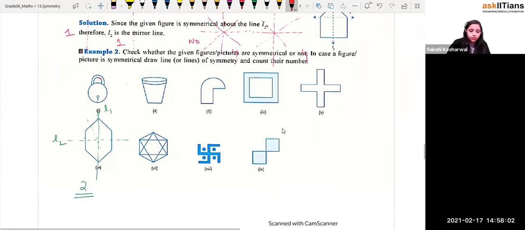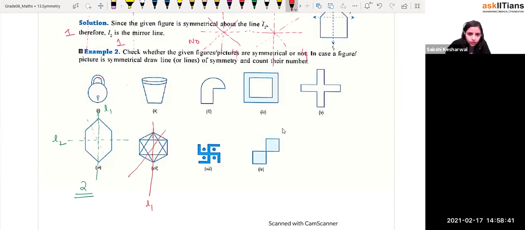Okay, now let's come to this. It says that from here to here, that's 1. This is L1. Okay, and you can draw from here also, right?